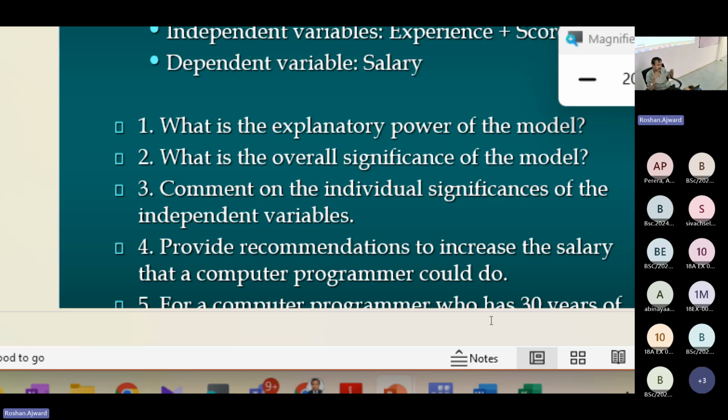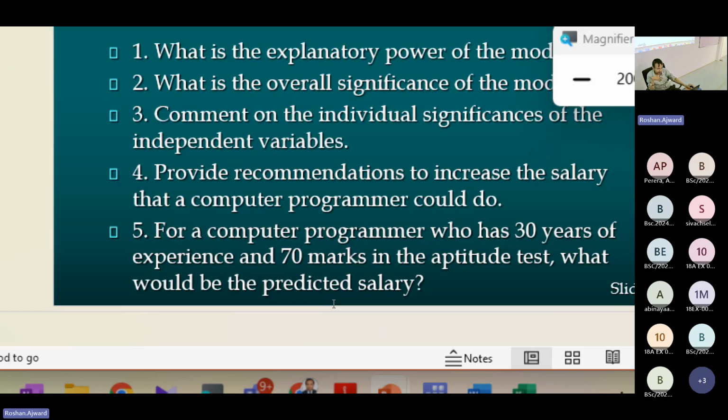If the computer programmer wants to increase the salary, what would the first recommendation be? Increase your experience, and you will get more salary. Number two, increase your knowledge and your aptitude test marks. That will increase your salary. Those are the two recommendations.